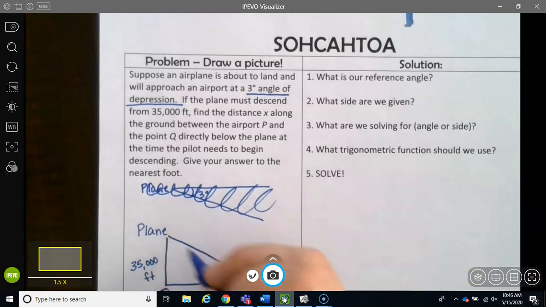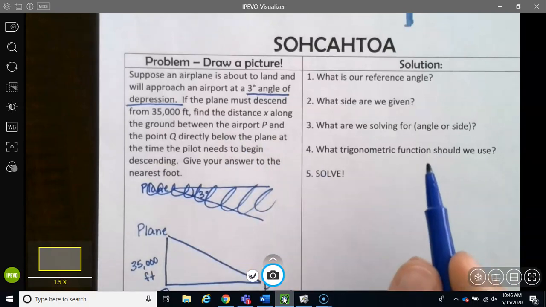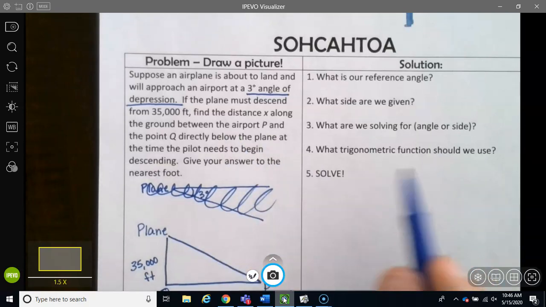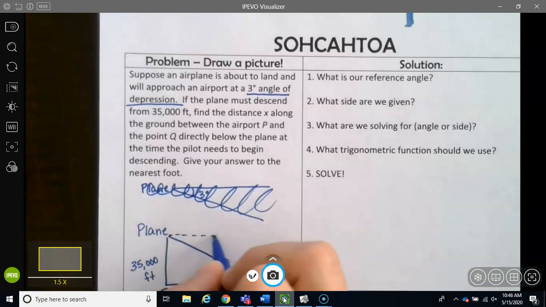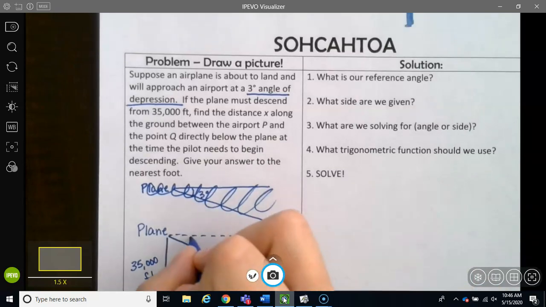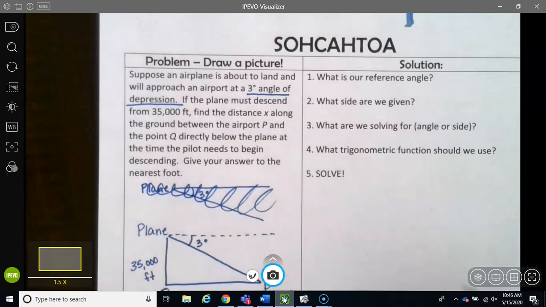So it's flying down to the airport, and point Q is directly below the plane. What they told us was, here's that horizon line for the plane, that this angle here is 3 degrees, that angle of depression. So I guess I can still use that. Oh well.